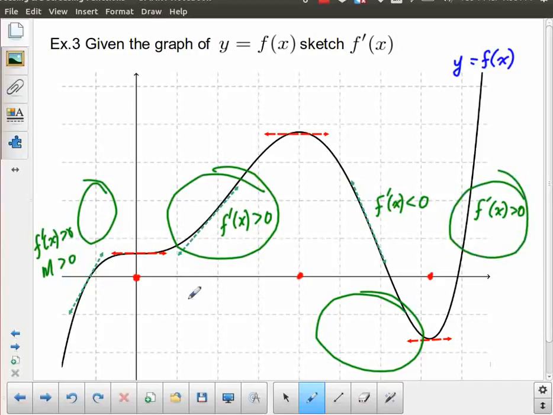So I need to draw a graph that passes through these zeros, that also passes through all of these bubbles. And the graph that I have in mind to do that is going to look like this. Oop, that didn't do a very good job of that.